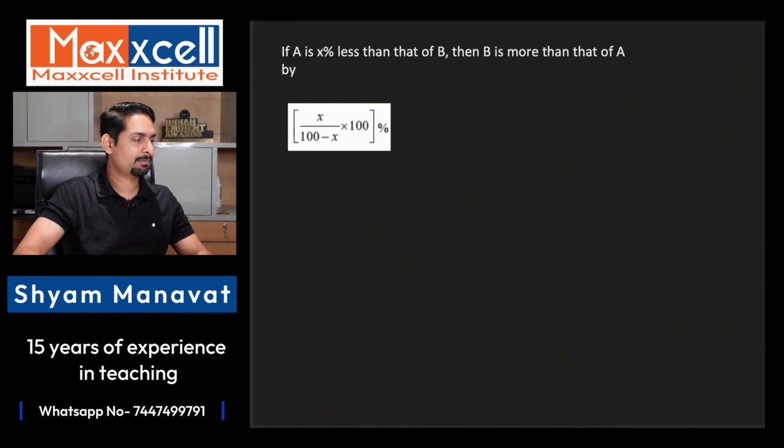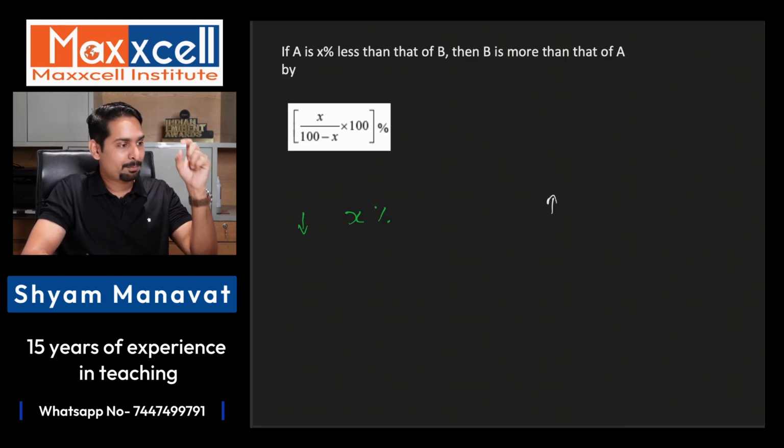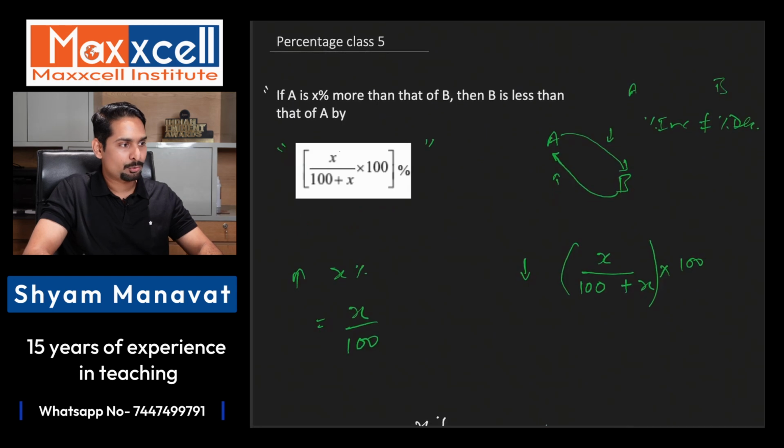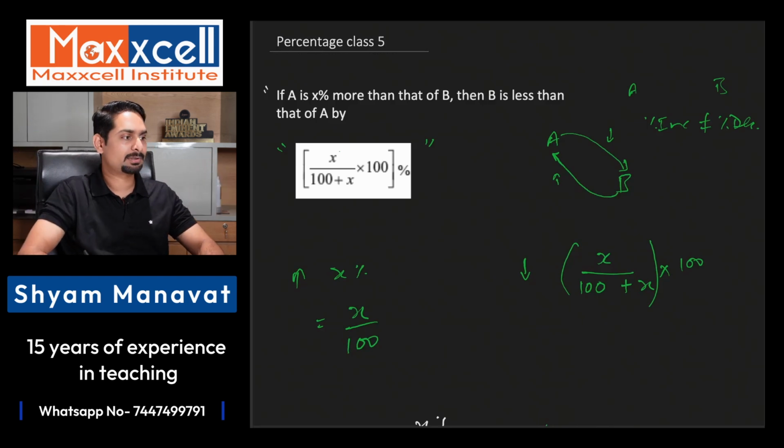Similarly, we also have the case if A is less. Now what is given to you? You have been given less. If x% less is given, then the other value should be more. So if you understand my previous trick, x% more, so x upon 100 plus x less.